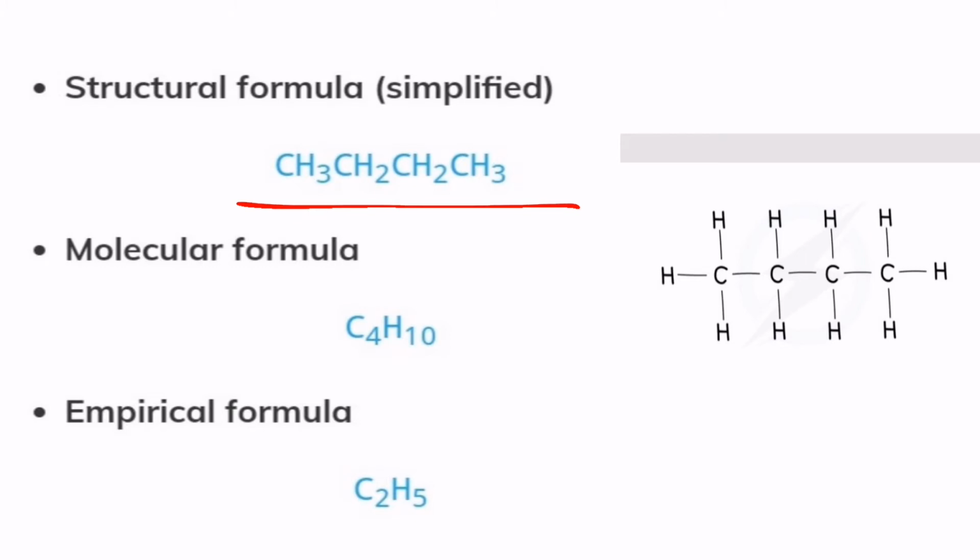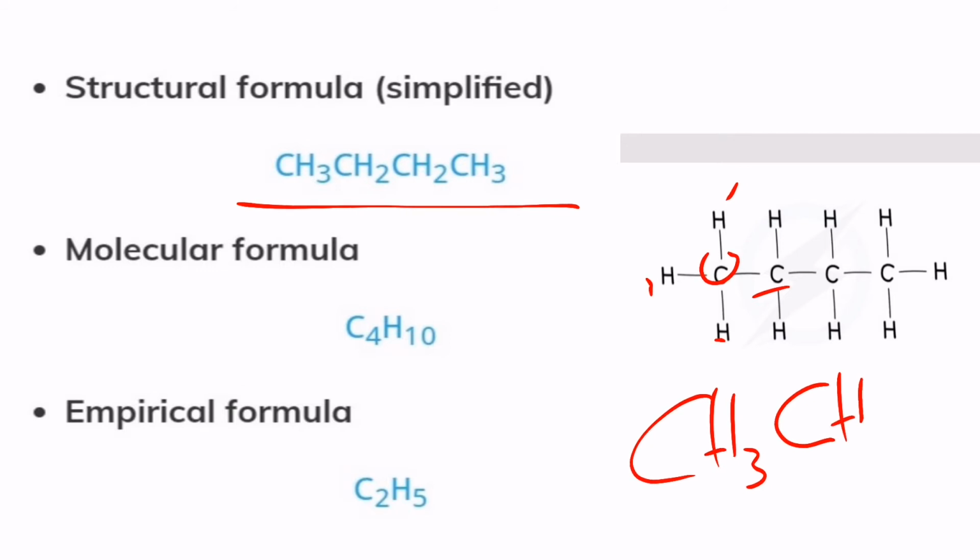So this one is C, the first C combines with how many hydrogens? 3. 1 2 3. All right. And then we also have the other carbon. It combines with 2 hydrogens, and so forth.